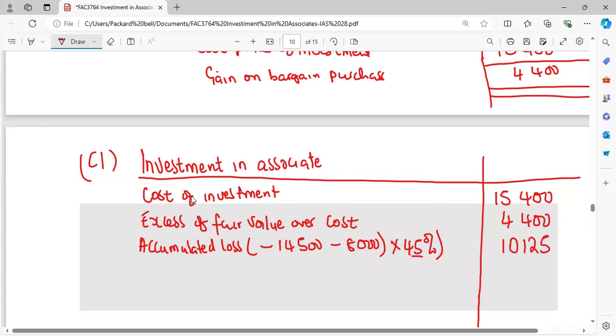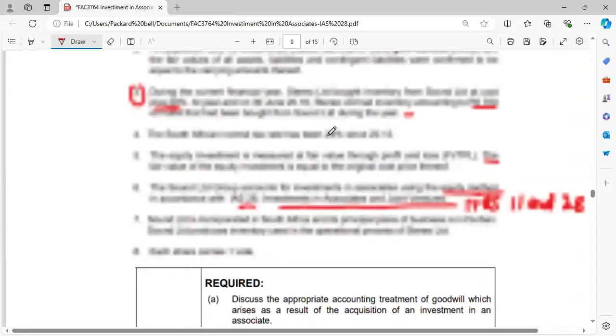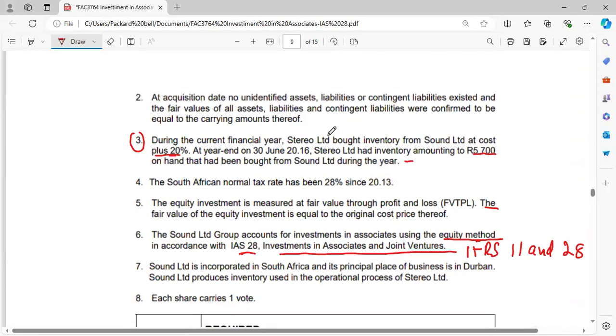So this one is a loss. Remember we say we increase or decrease the investment by any profit or loss. So this is a loss, so we're going to decrease the investment by that amount. Right, when we have that amount, then we go to anything that can increase this amount.